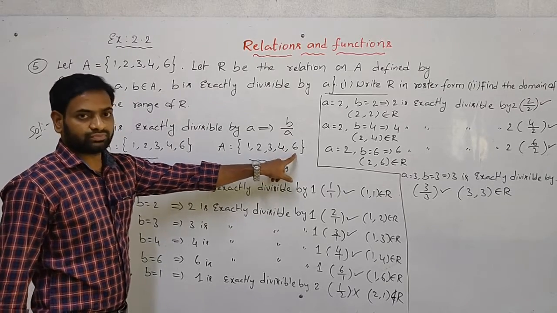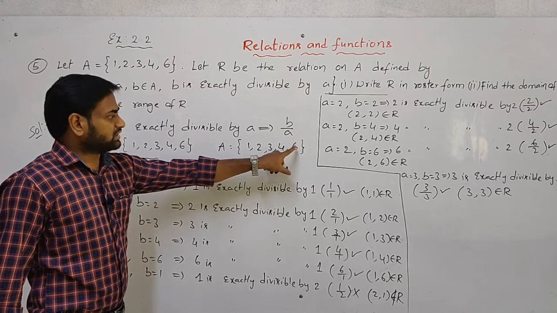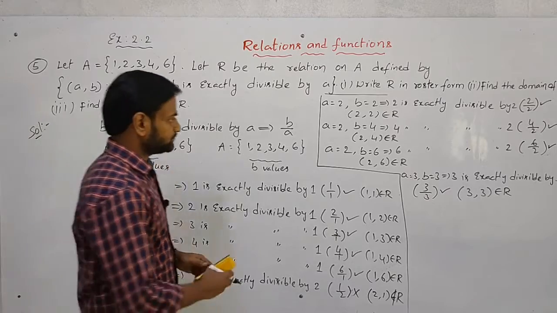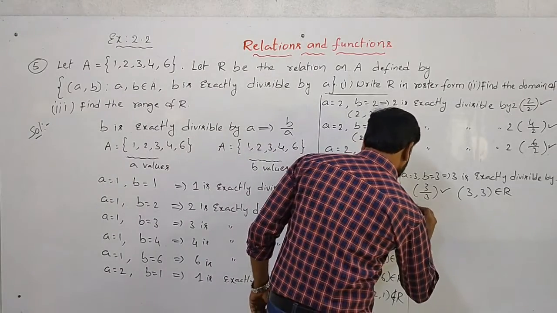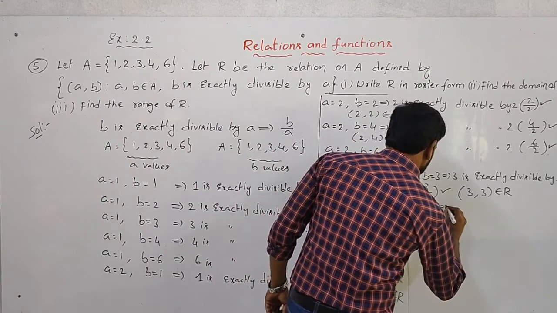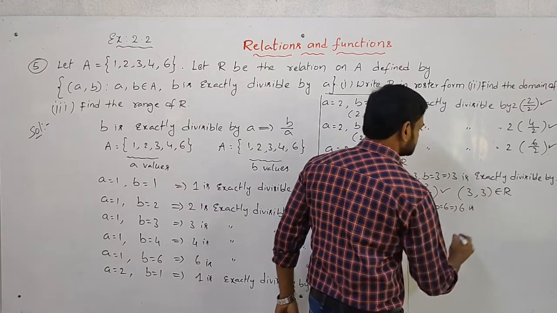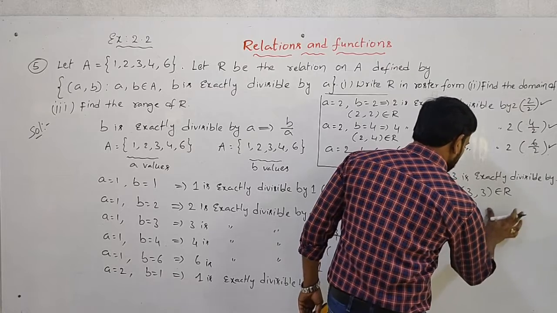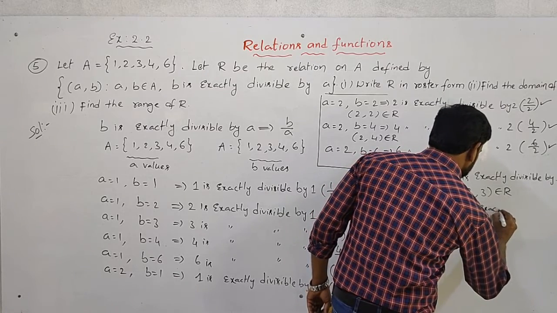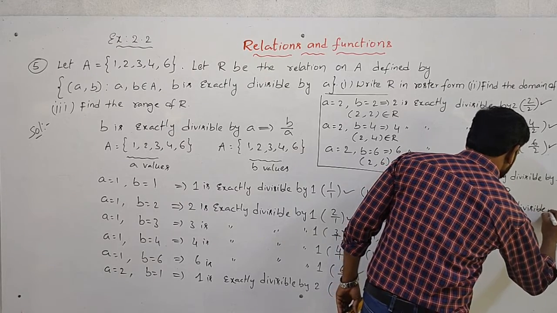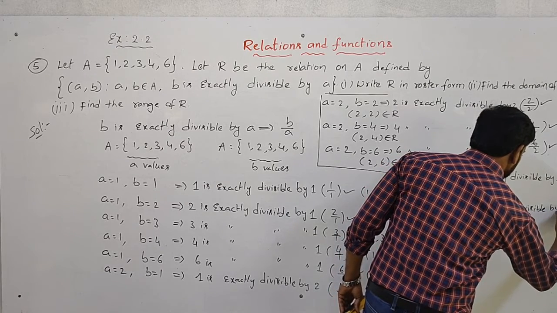Next 6. 6 is exactly divisible by 3. Yes, possible. So A equal to 3, B equal to 6. That implies 6 is exactly divisible by 3.